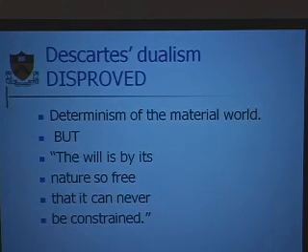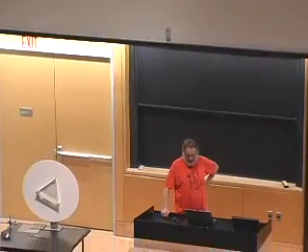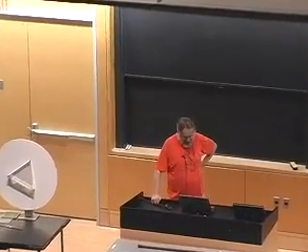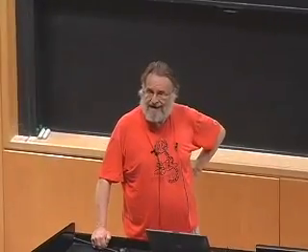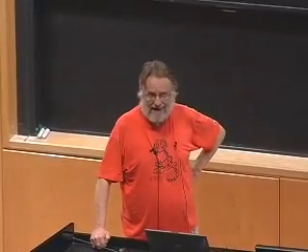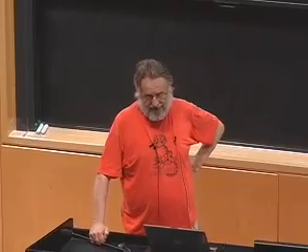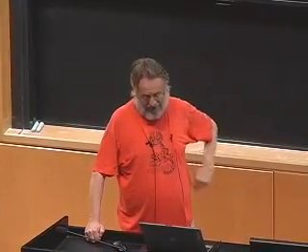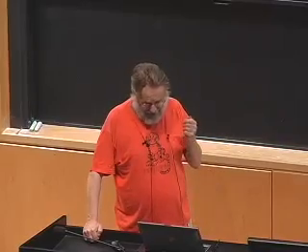Do you remember Descartes had this dualism? He believed our minds had free will, or our spirits had free will. Nevertheless, he thought that things outside those minds were mechanical. Even our bodies were mechanical. So that's what I'm talking about when I say determinism, the material world. But he did two things.